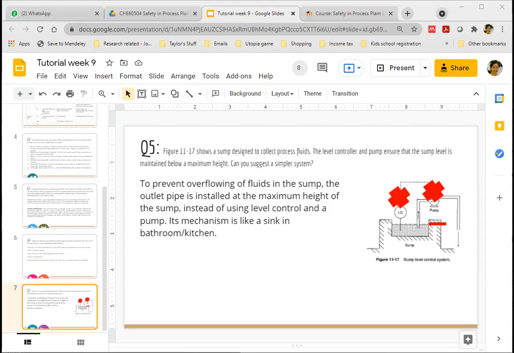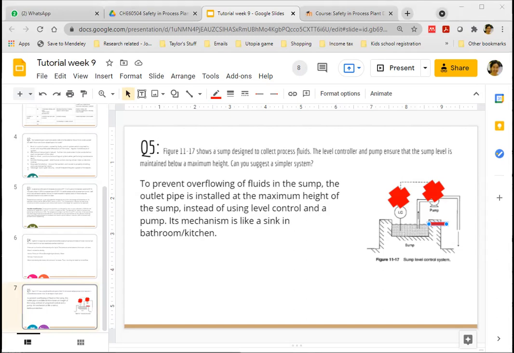To suggest a simpler system for this sump tank, our suggestion is to prevent the overflowing of fluids by installing an outlet pipe at the maximum height of the sump instead of using level control and pump. The mechanism is like a sink installed in the bathroom or in the kitchen.